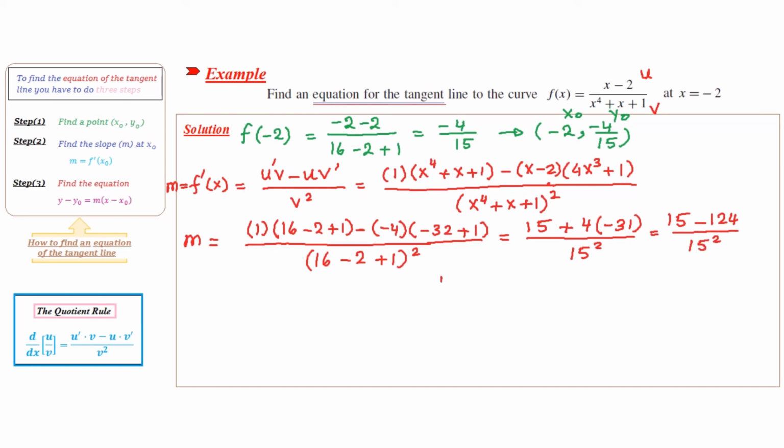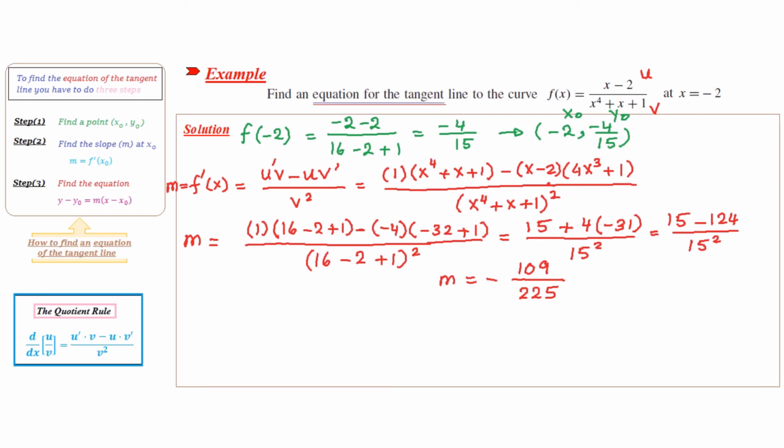So m equals minus 109 divided by 225. This is the slope and this is the point.